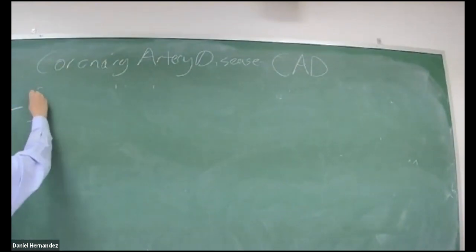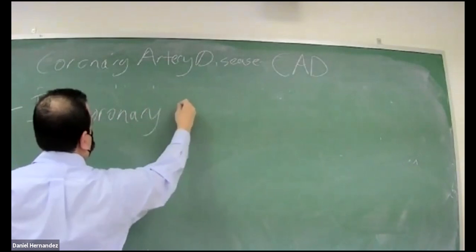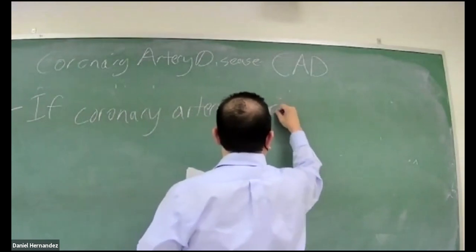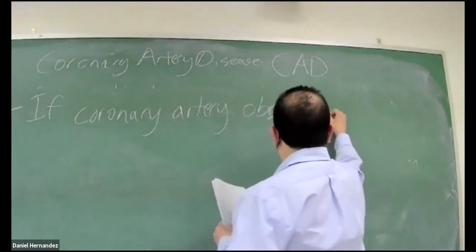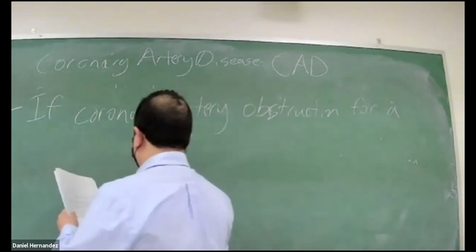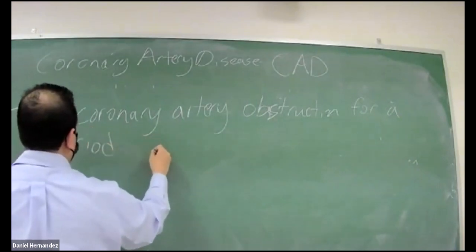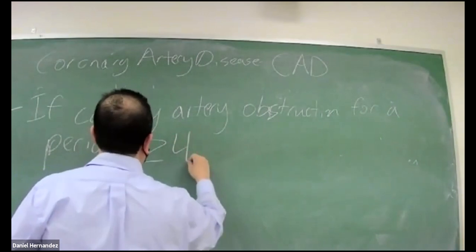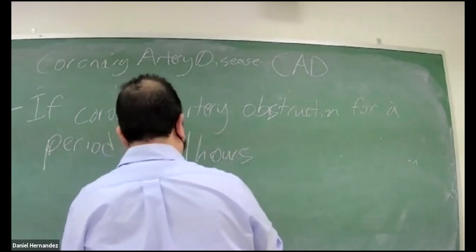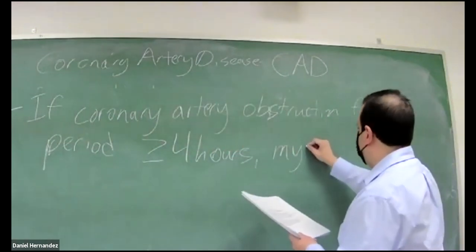So if there's a coronary artery obstruction for a period greater than or equal to 4 hours, myocardial necrosis and wall motion abnormalities will develop.